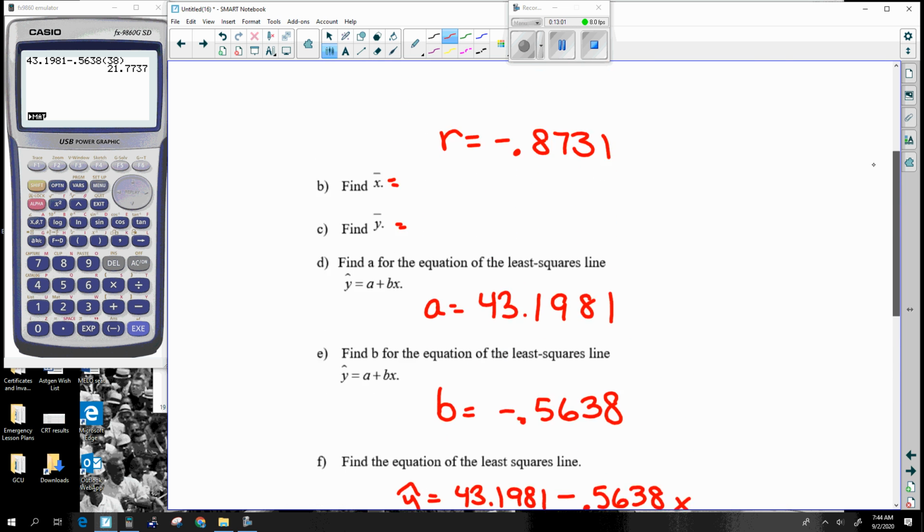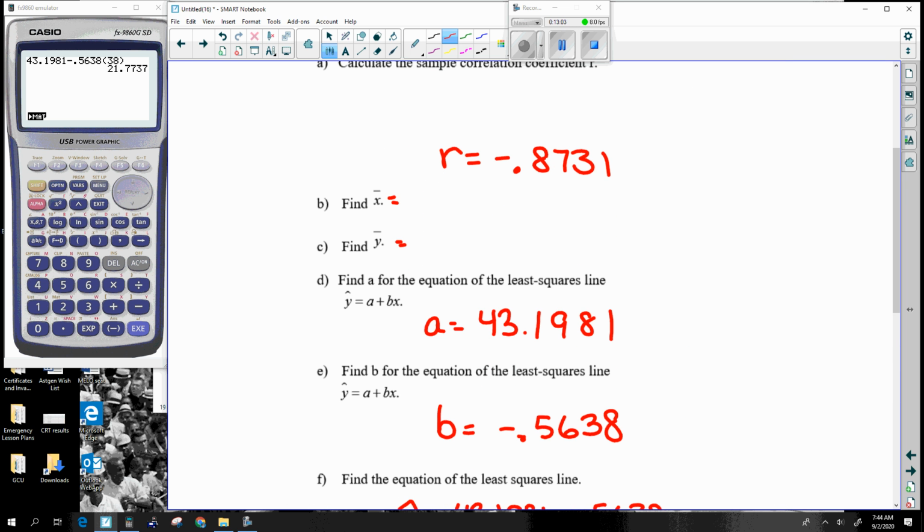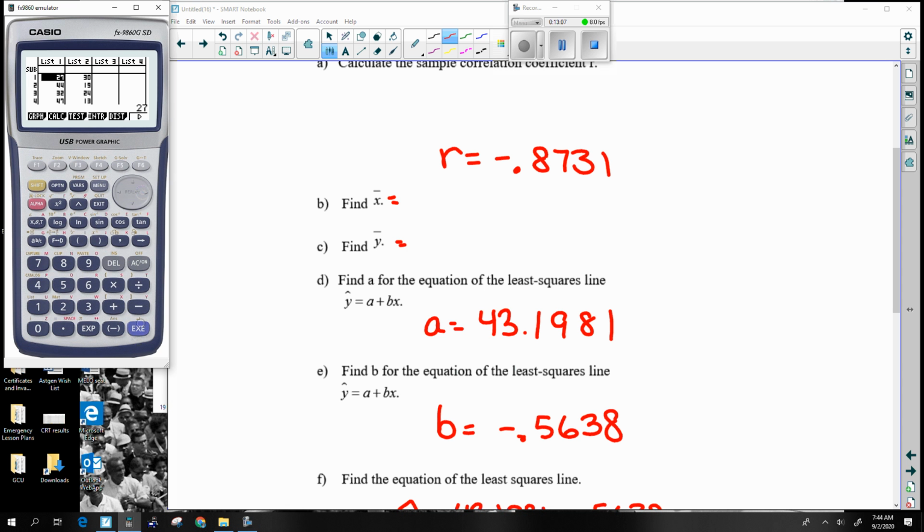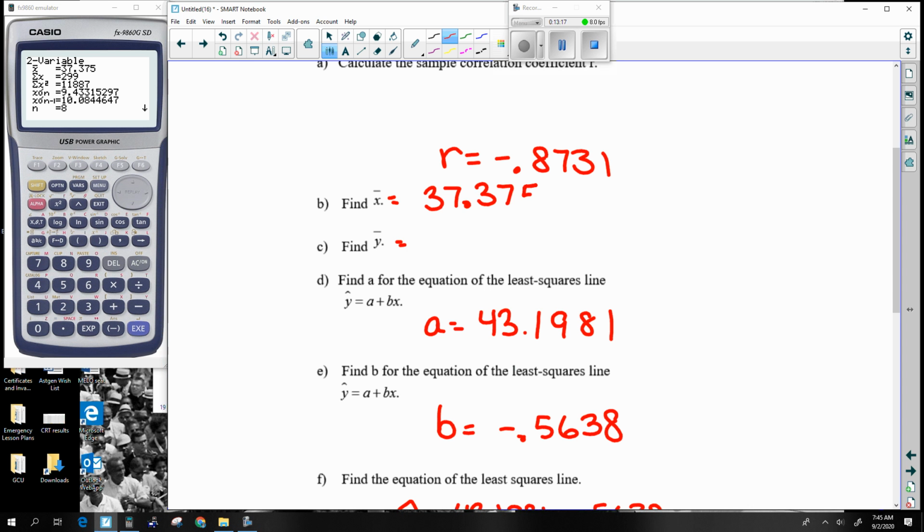All right, go back to the X bar and Y bar, and where that is found is in the stats, and I calc 2 var. So at the very top, the average of X, the X bar is 37.375, and the average of Y, aka the Y bar, is 177.